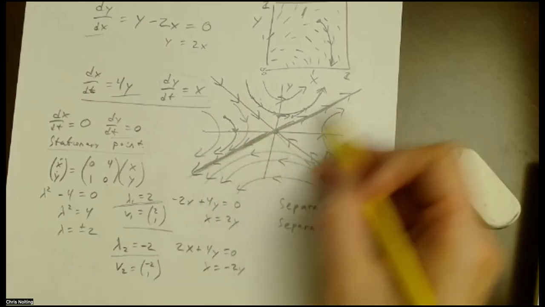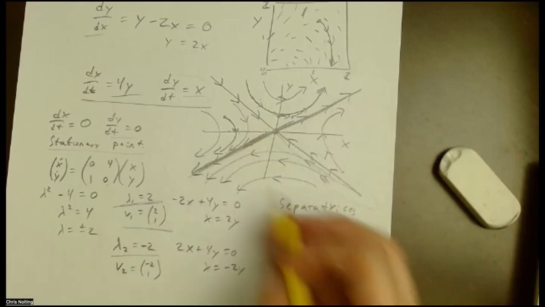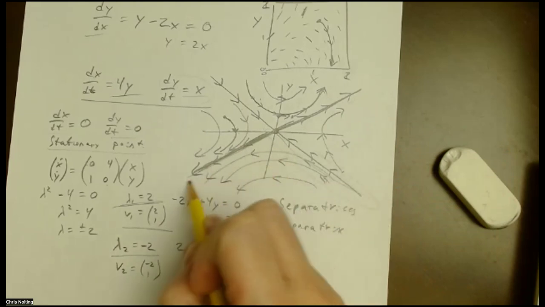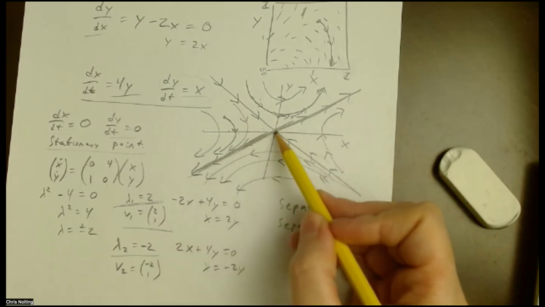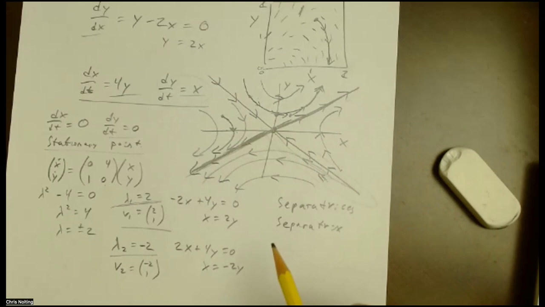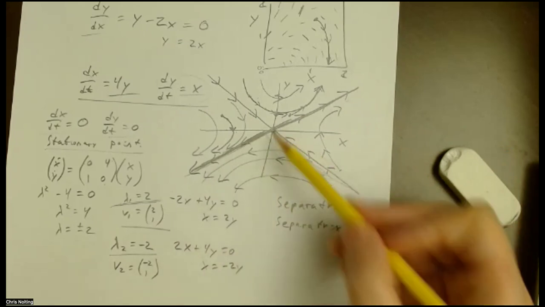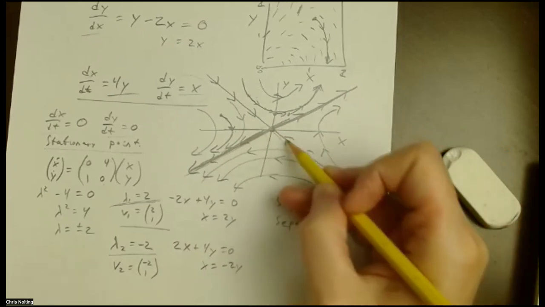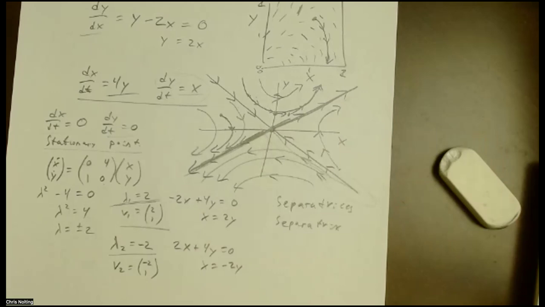The other two here are separatrices that are attractors, that have trajectories that move towards them. And then you can also describe equilibrium or stationary points as either attractors or repulsors as well. Although in this specific case, our one stationary point at (0, 0) is neither, because it has some trajectories, some lines here, that move towards it and some that move away from it. So it is not a clear case of being either an attractor or a repulsor.